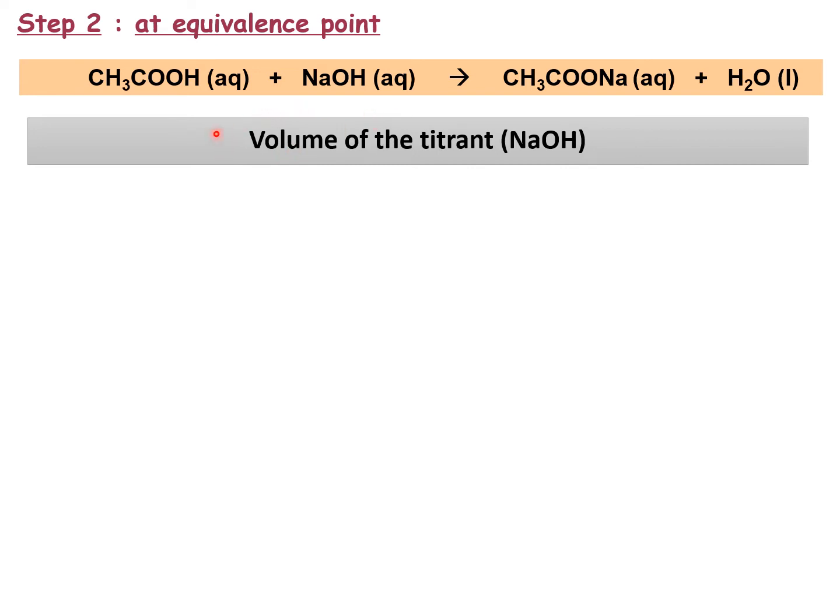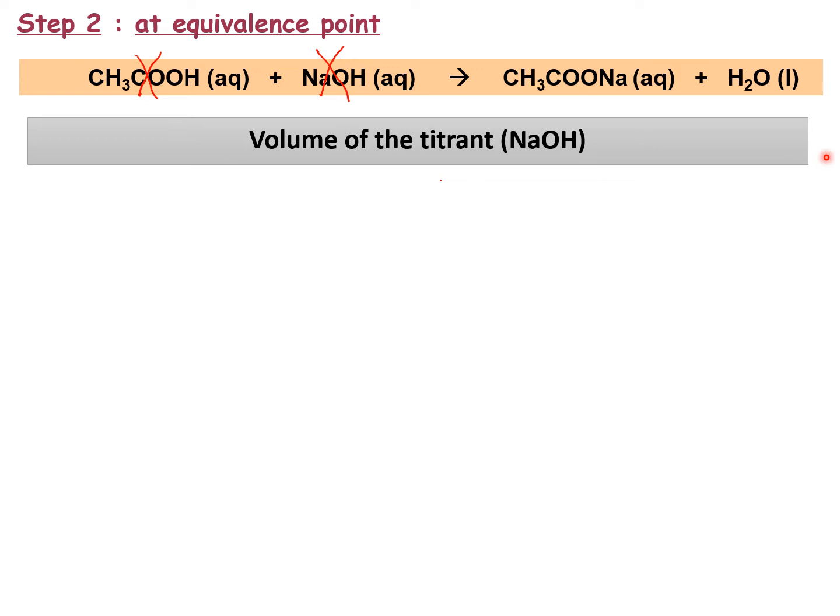Macam yang kita dah buat sebelum ni, at equivalent point, apa yang tinggal hanyalah kita punya salt solution. Sebab apa? All acid and bases has reacted completely. Okay, jadi kita akan analyse pH daripada kita punya salt solution.